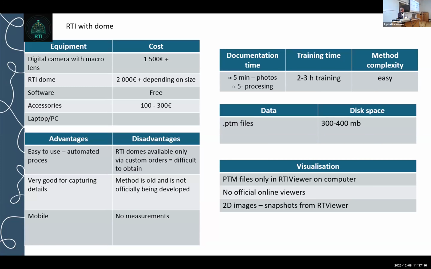The usual project takes around 300 to 400 megabytes of storage space, and visualization is only through RTI Viewer, so only from this software. There are no official online viewers for this type of documentation, so it's also a disadvantage.